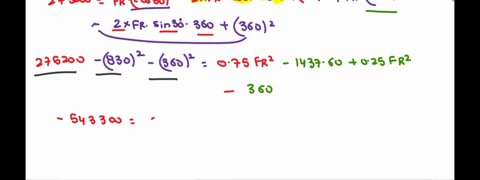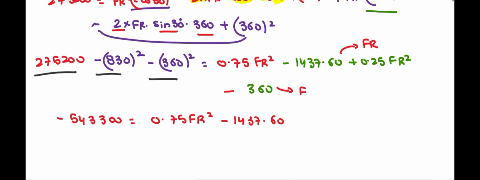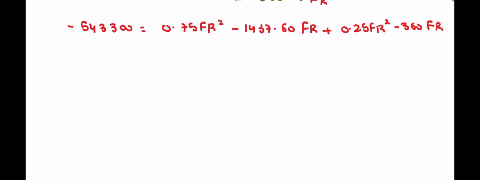543300, which is equal to 0.75 FR square with negative 1437.60 FR, with positive sign 0.25 FR square with negative 360 FR. Now, if you add 0.75 FR square with 0.25 FR square, you will get 1 FR square.